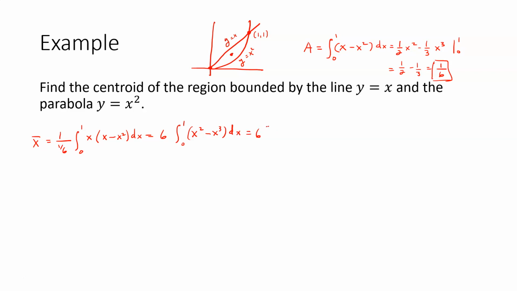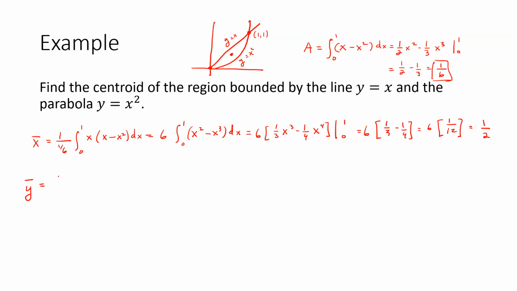Integrating that, we have 1 over 3 x cubed minus 1 over 4 x to the 4th. And then evaluating from 0 to 1, I'll have 6 times 1/3 minus 1/4, which will be 6 times 1 over 12. So that gives me the centroid for the x coordinate is at 1/2. 6 over 12 reduces to 1/2. Now let's do y bar.